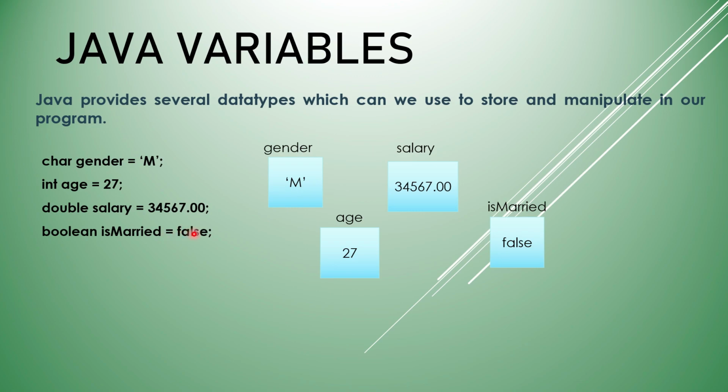We have initialized it with a value false, and is married is the identifier for this variable. So we can store and retrieve value using this identifier for this variable.